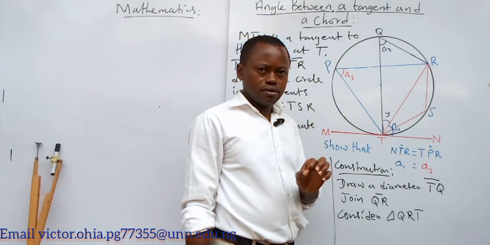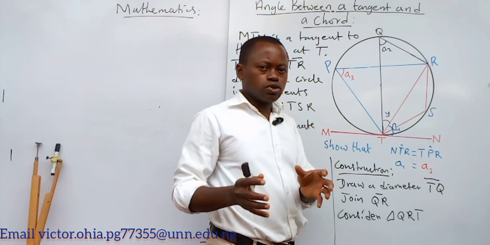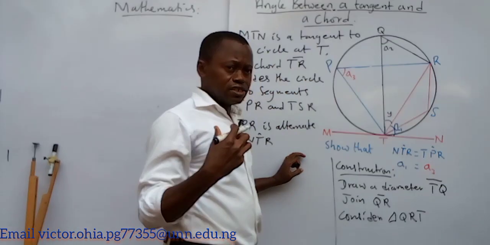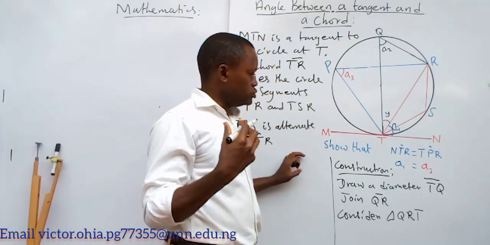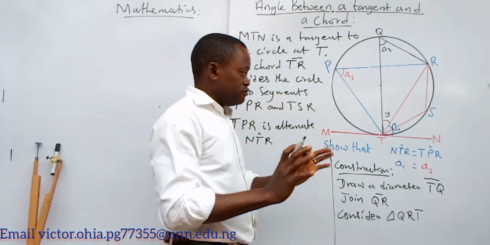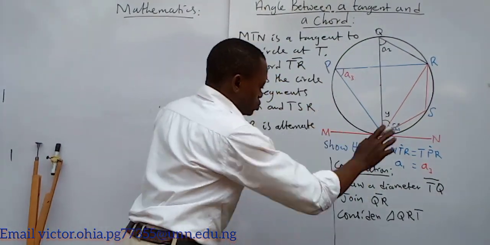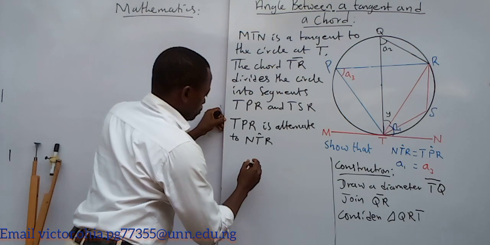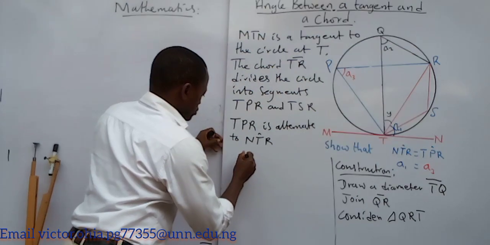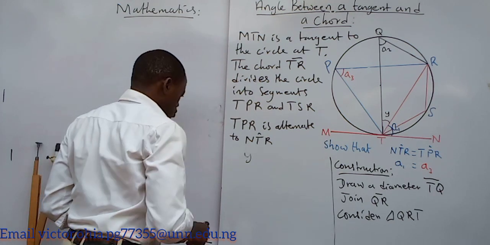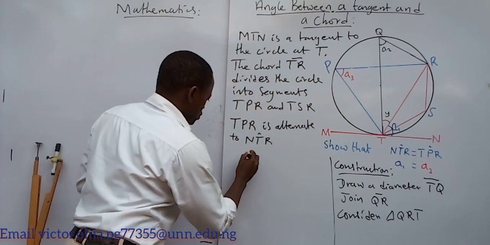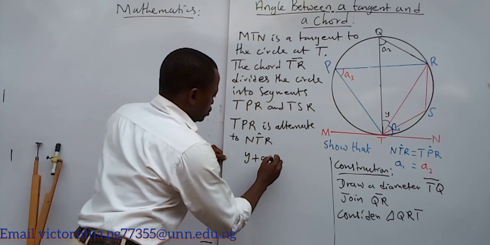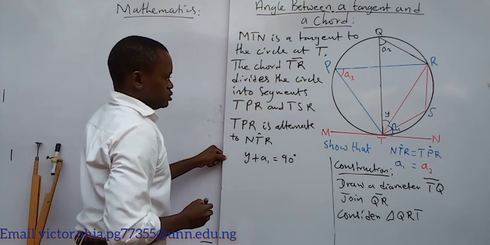Please, these theorems are important because you have to borrow them to explain this. If you check the previous classes we have gone through, you'll be able to capture these things. So if we consider this triangle, Y plus A1 is equal to 90 degrees.